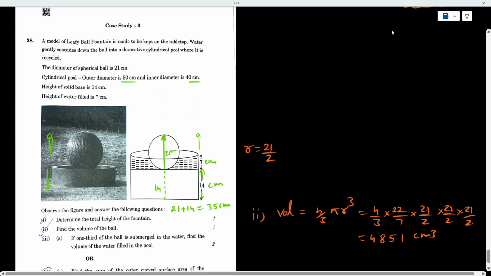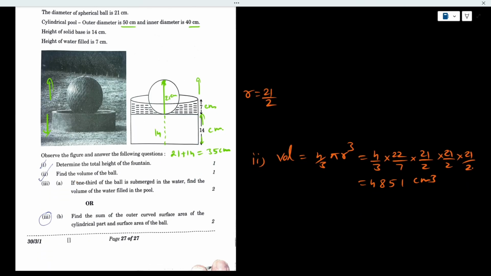Now, what is written in the next part here? If 1/3 of the ball is submerged in the water, find the volume of water filled in the pool. Here you need to take the inner diameter, because the water is inside, correct? So you are going to consider the inner diameter, and you need to remove the submerged part, because 1/3 of the ball is submerged.